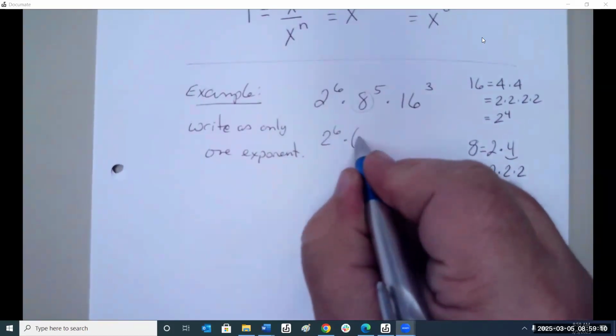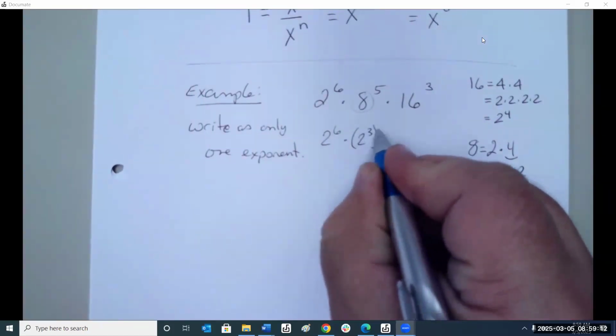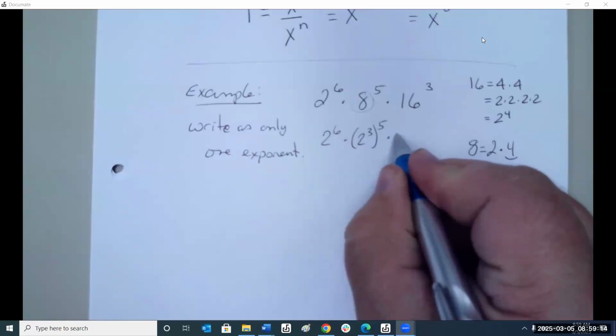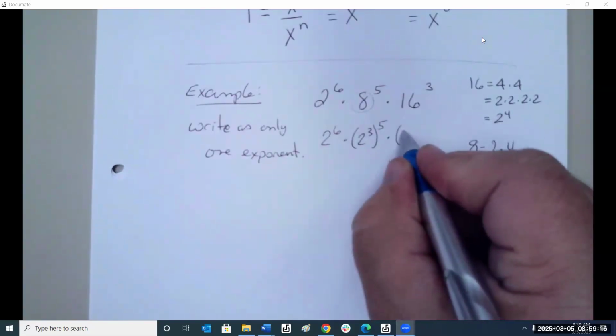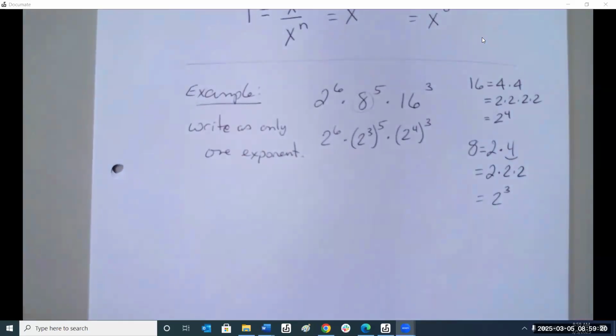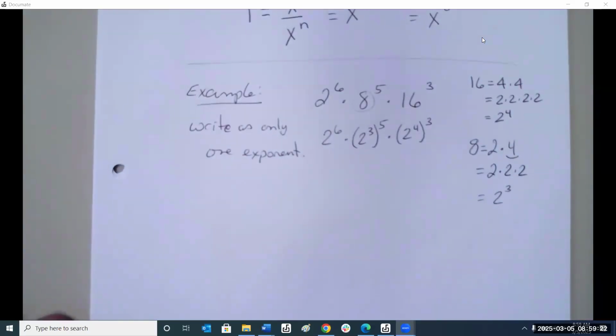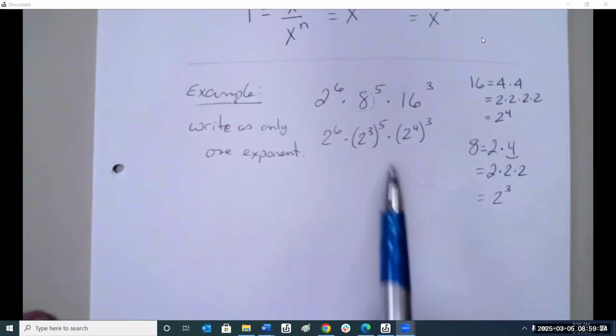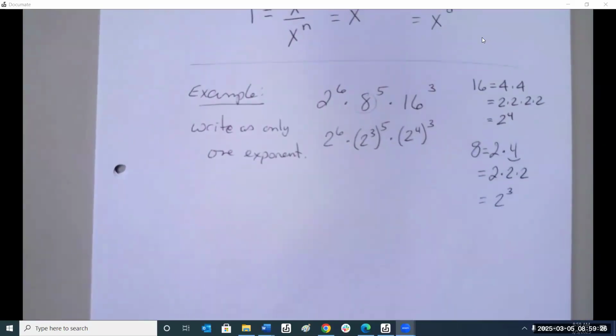Eight is 2 to the third. 16 is 2 to the fourth. You're right. We have to first break these numbers down to the smallest. It's called prime factorization.